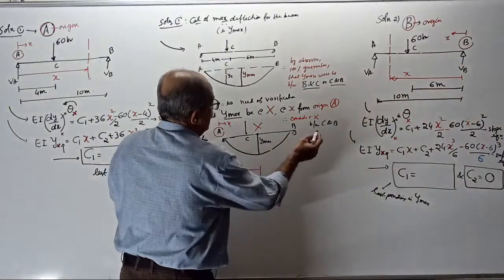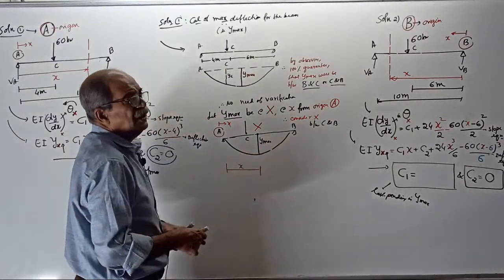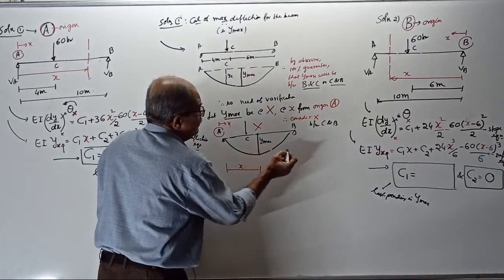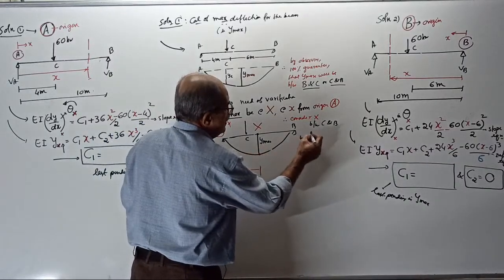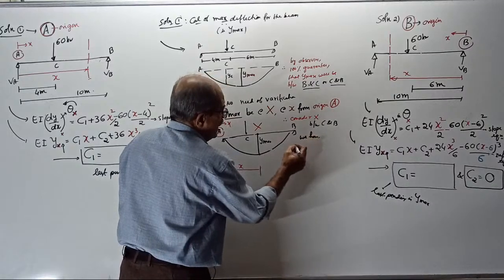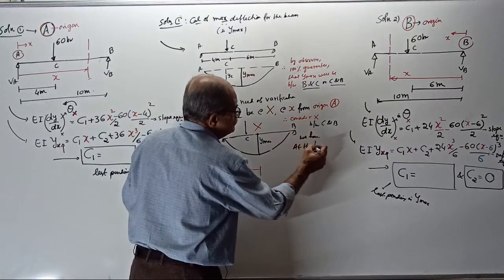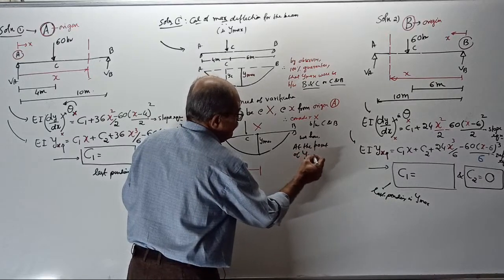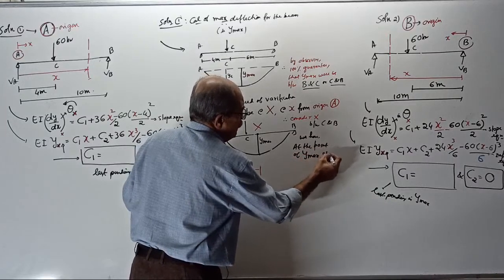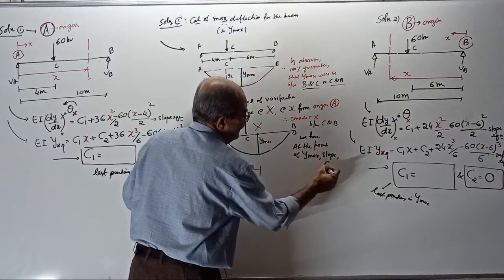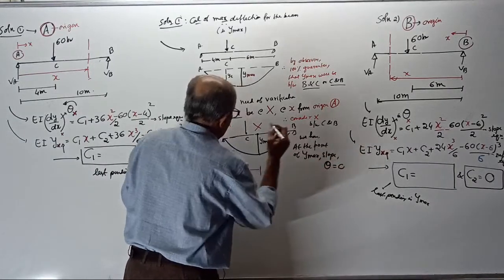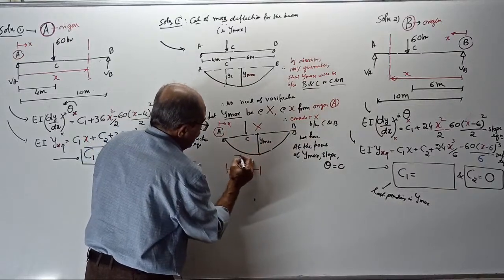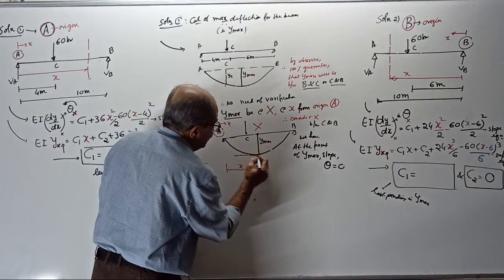So now see, now go for a special property. Wherever Y is maximum, at the point of Y maximum, the slope, that is theta, equals 0. Why? When a member bends in a smooth curve, if I draw a tangent here, it should be horizontal.